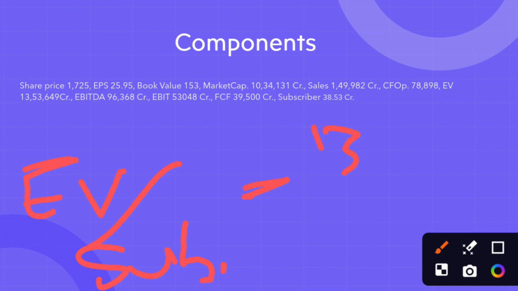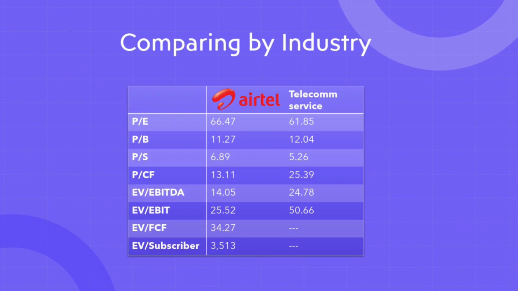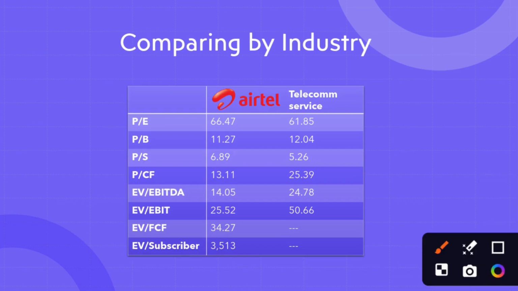The total enterprise value is 13,53,649 crores, divided by the subscribers, 38,053 crores, which gives an enterprise value by subscribers of 3,513. This means if one subscriber is added, the company's enterprise value increases by 3,515 rupees. So let's compare this with the industry of Bharti Airtel, which is the telecom industry.